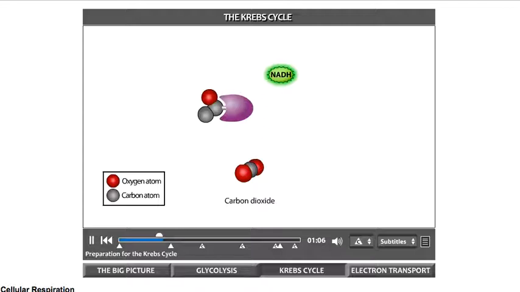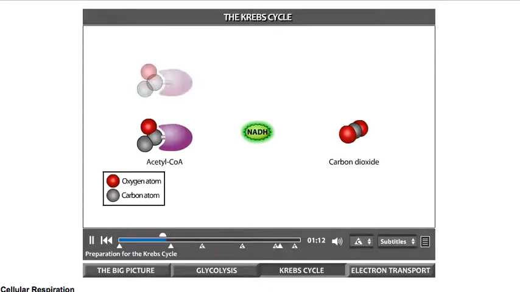The new molecule is called acetyl-CoA. Because two pyruvate molecules emerged from glycolysis, two acetyl-CoA molecules and two NADH are now formed.